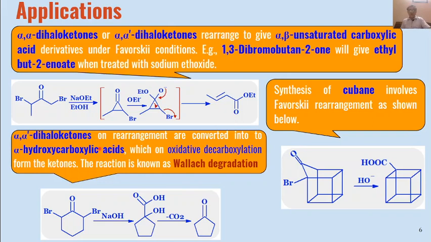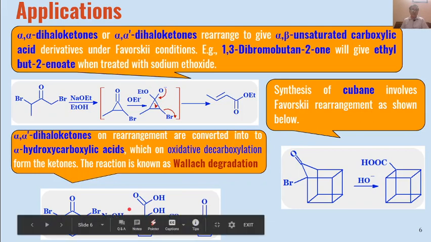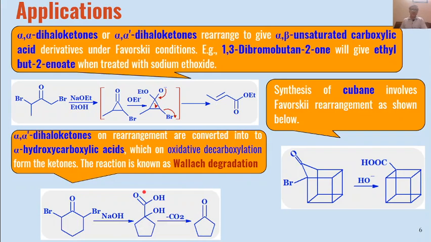Now for example, alpha-alpha dash dihaloketones can be converted into carboxylic acids also, as I have told you that if we use base as sodium hydroxide, then we will get carboxylic acids as the derivative. So when Favorskii rearrangement takes place, in this case we will get these types of carboxylic acids, and these carboxylic acids will undergo decarboxylation to give us ketones as the product.